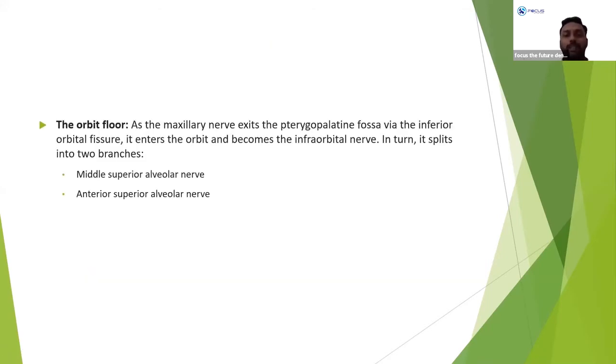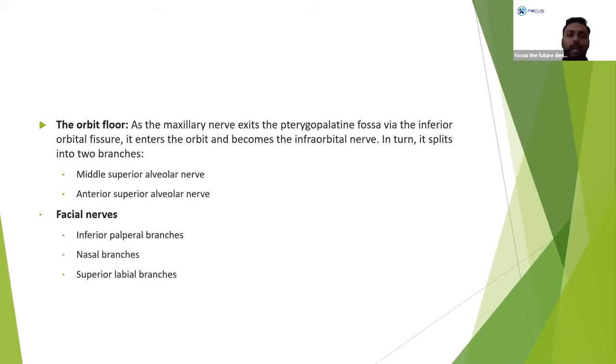Orbital floor: as the maxillary nerve exits the pterygopalatine fossa via the inferior orbital fissure, it enters the orbit and becomes the infraorbital nerve. In turn, it splits into two branches, middle superior alveolar and anterior superior alveolar. And in the facial part, it has inferior palpebral branches, nasal branches, and superior labial branches.